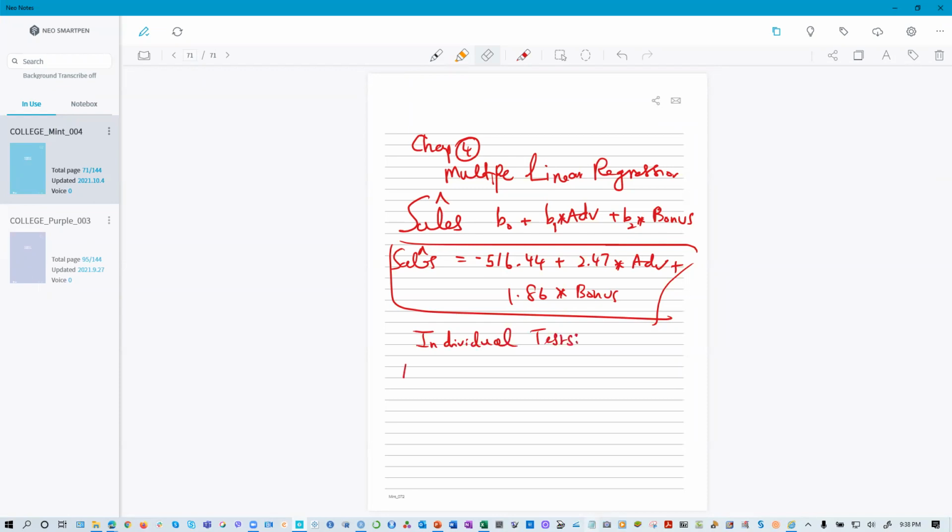Then you can see whether advertising plays a role. That means your H0 is beta 1 equals 0 versus HA, beta 1 not equal to 0. That's it. Then you say, since the p value, let's go and check its p value.